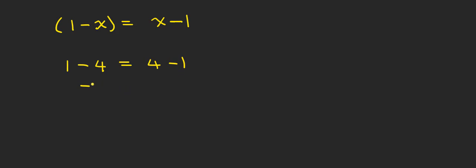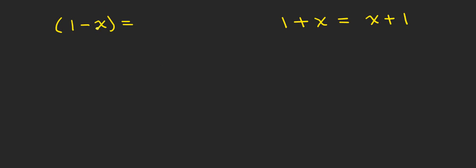It's not, because this is negative 3, and that's 3. However, if it was 1 plus x, if you're adding, yes, this is the same thing as x plus 1. However, if it is 1 minus x, you have to be careful. So what you need to do is take out a negative, and then change the order: x minus 1.